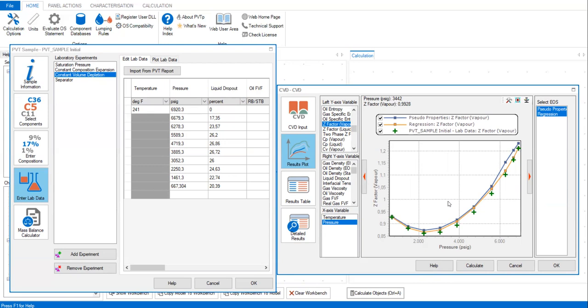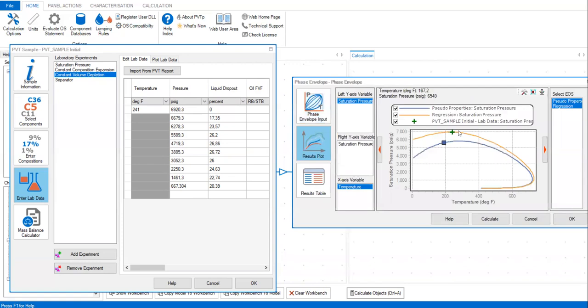In conclusion, our fluid model after regression can reproduce all the lab experiments satisfactorily. It gives satisfactory matching for the phase envelope or saturation pressure, a good match.